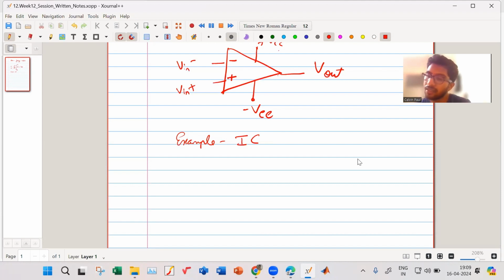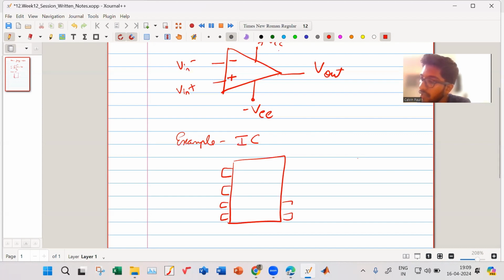Once they make an op-amp, it will be sold as an IC, an integrated chip. The chip will come out in this form: 1, 2, 3, 4, 5, 6, 7, 8. This is not drawn to size, it is just a rough example.